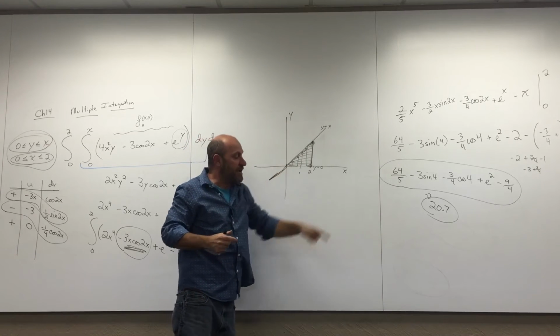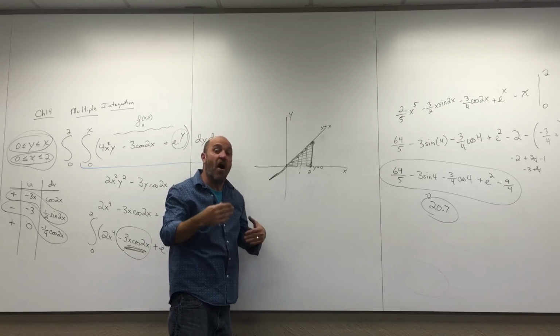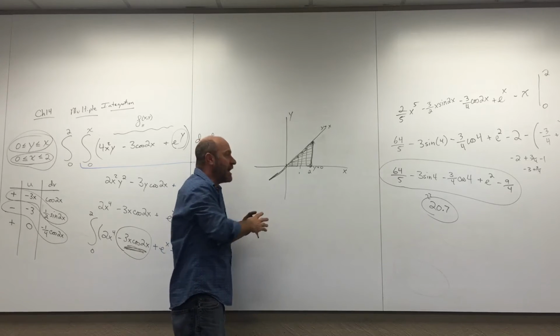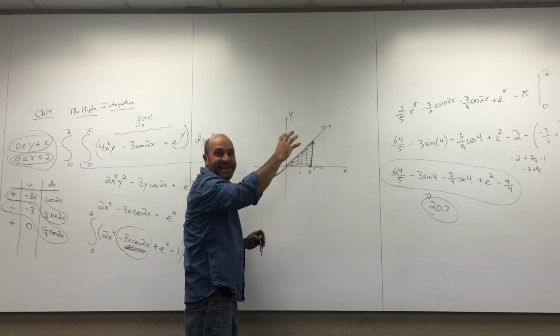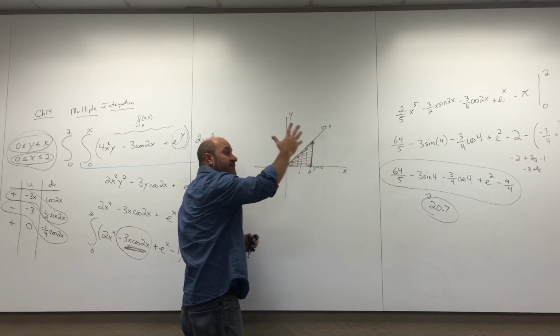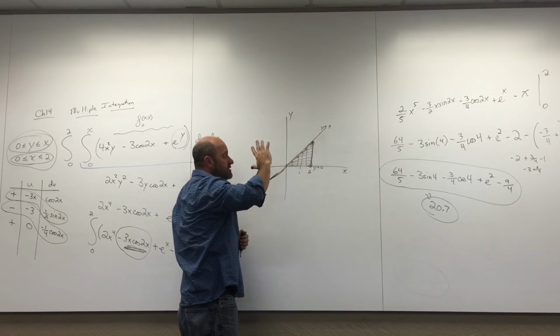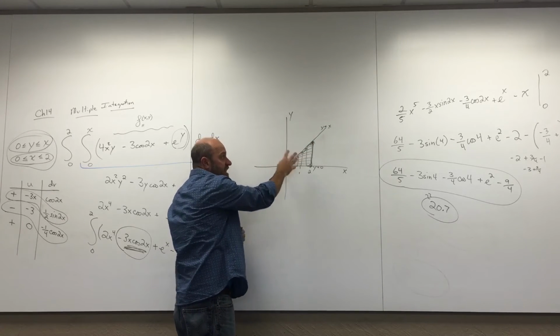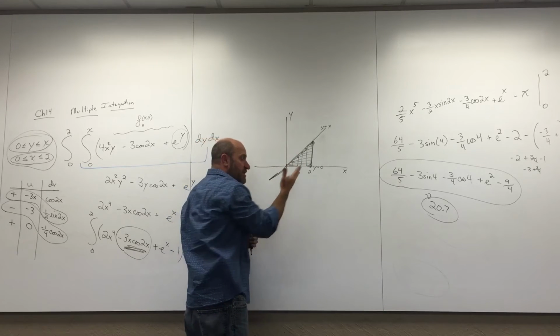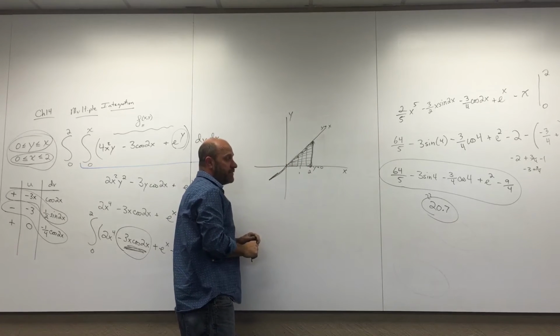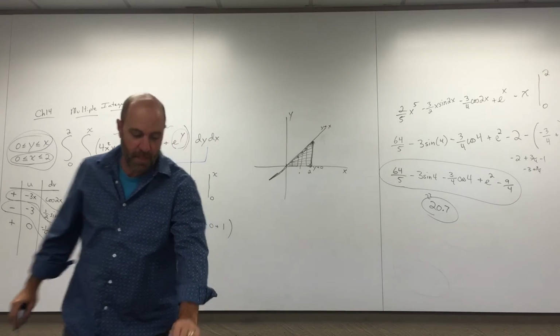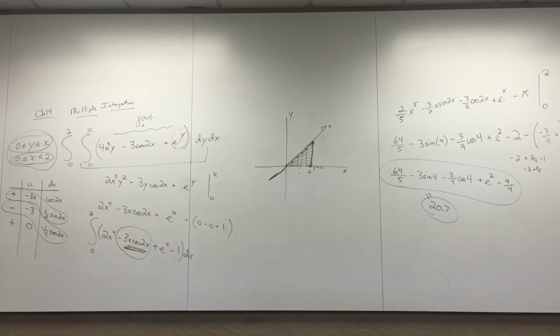And that number is the volume of that thing. Now see, I'm not drawing that whole 3D thing, but there's a surface that lives above this region in the XY plane. And that's the volume of that. Cool, huh?